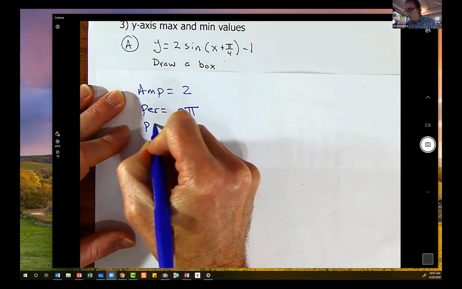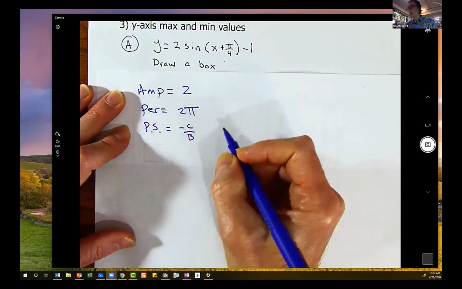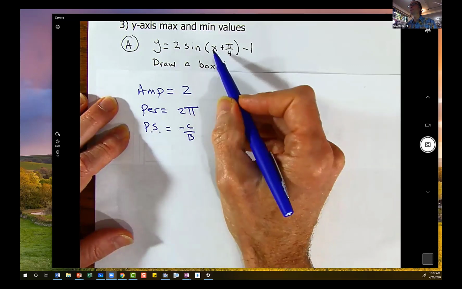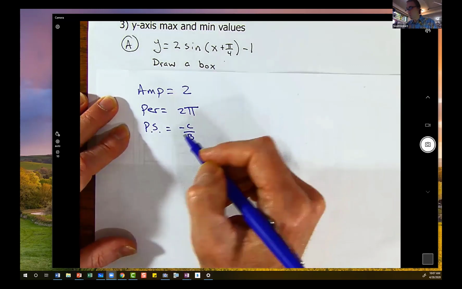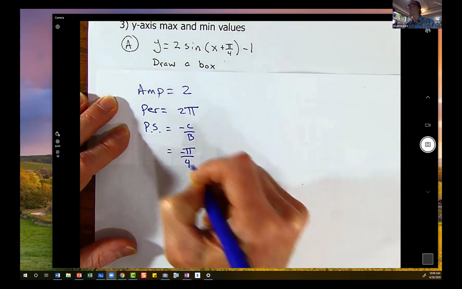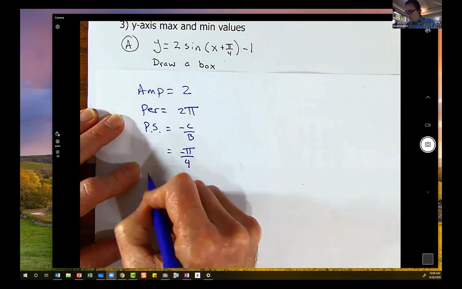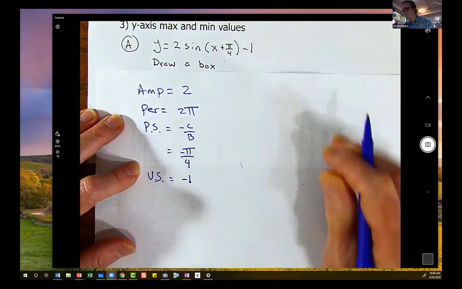The phase shift is negative c over b, but b is 1 and c is pi fourths. So I'm not going to do the steps here because you all found it. Negative pi fourths. And the vertical shift was negative 1.